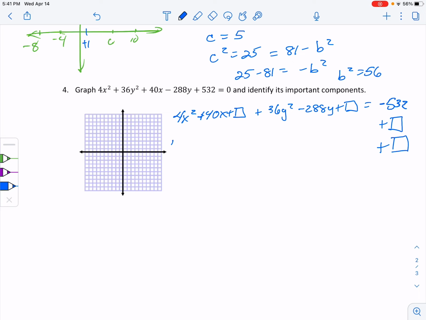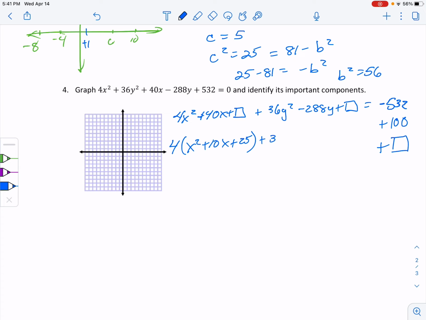Well, here you factor out a 4, and you get x squared plus 10x. Half of 10 is 5. 5 squared is 25. But 4 times 25 is what I add over here, so my box isn't big enough. So I'm going to add 100.